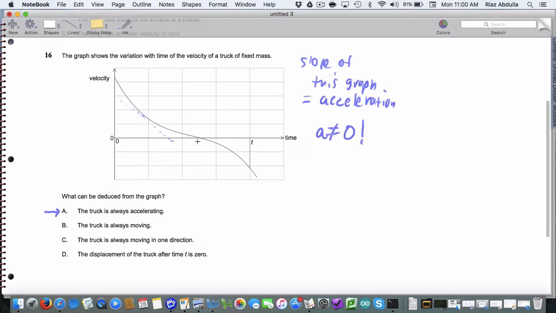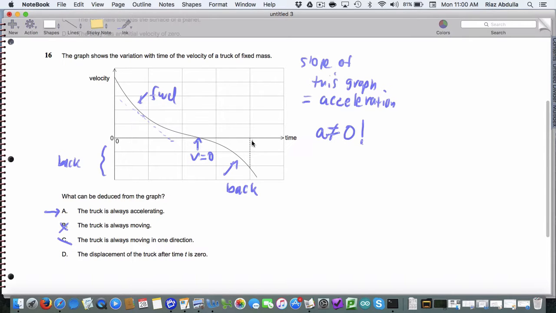Is the truck always moving? Well, right here, v equals 0, so that's false. Is the truck always moving in one direction? It's moving forward here, and it's moving backwards here. This is negative velocity, so that means backwards. So that's not true. Now the displacement, that's the area under the graph.